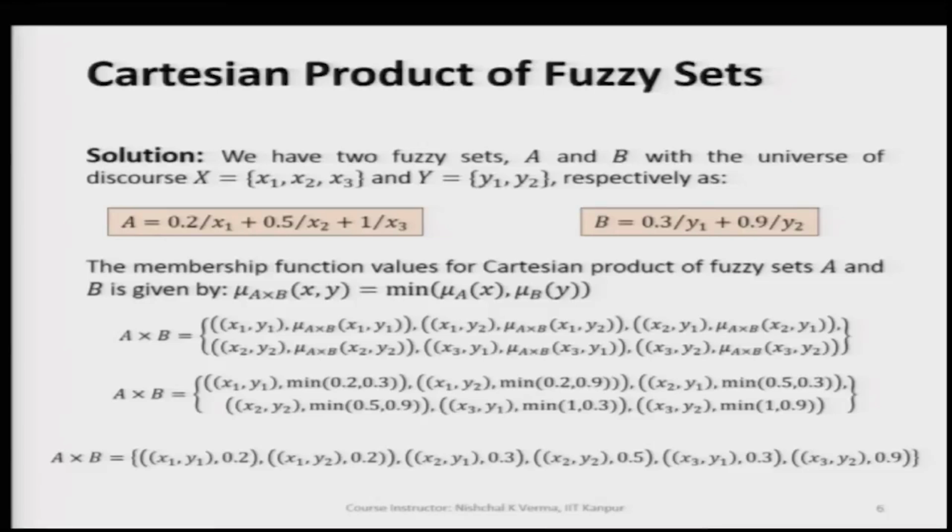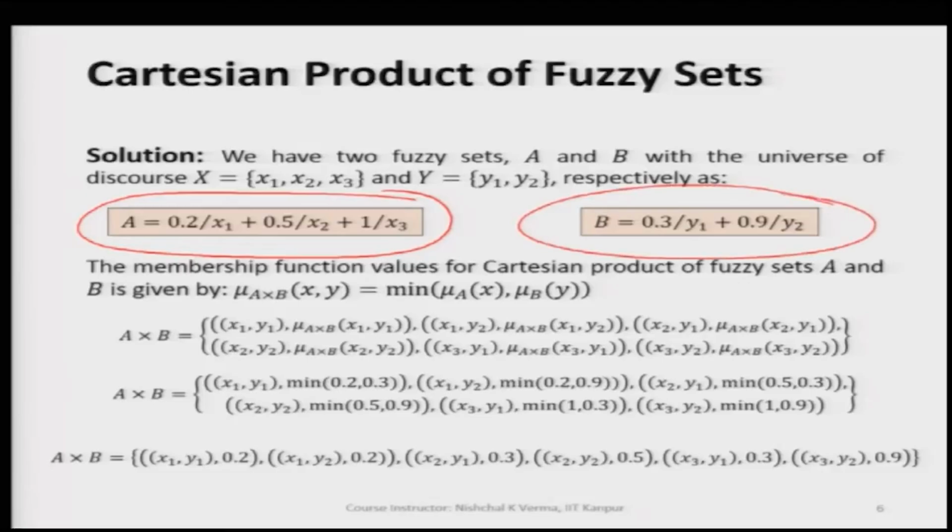Now, let us quickly find A cross B. A is given here as a discrete fuzzy set and B is given as another discrete fuzzy set. So, let us find A cross B, which is the Cartesian product. Just apply the syntax of the set that we have discussed.